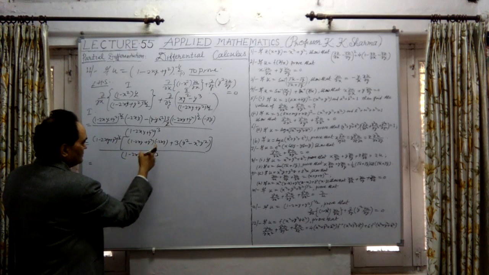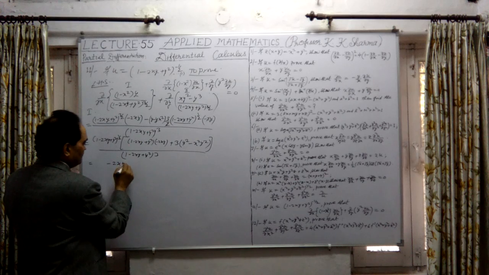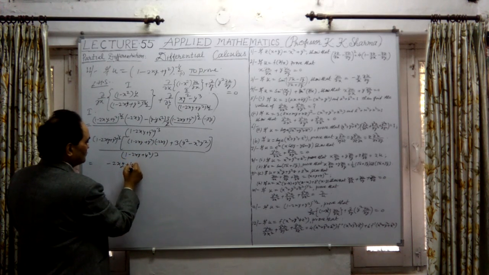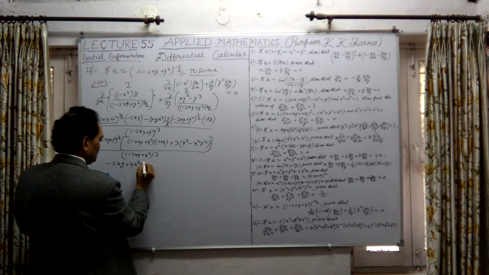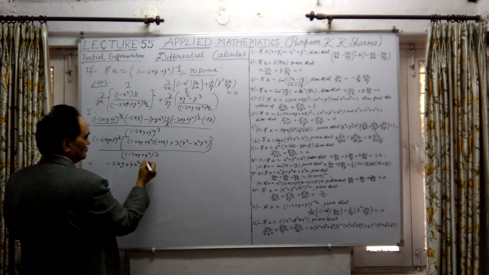So let me solve this. Minus twice xy into 1 means minus twice xy. Minus twice xy into this is plus 4 x square y square. Minus minus plus, plus 4 x square y square, right?